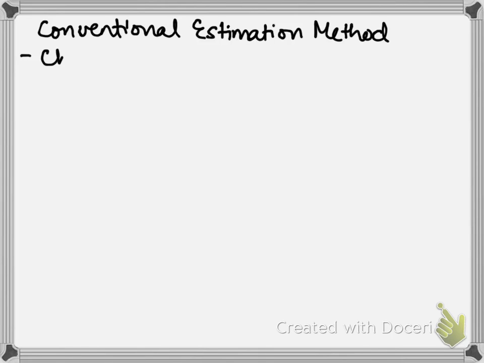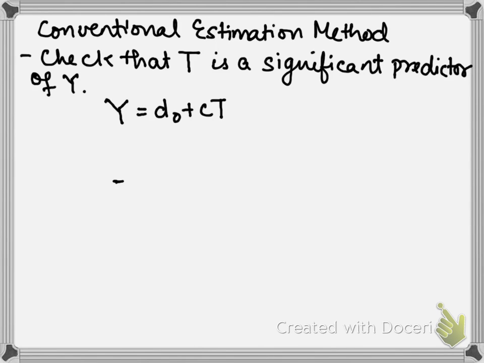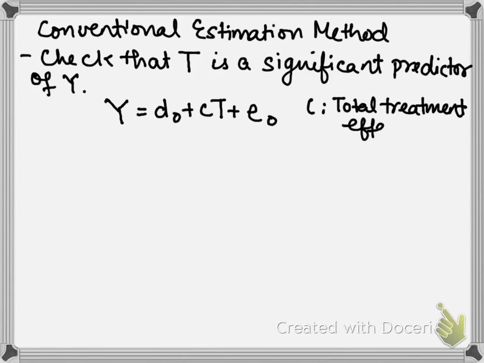What you're going to do is check that T is a significant predictor of Y. So you fit a model Y equals D0 plus CT plus an error term, T being the treatment and Y being the outcome, where C is the total treatment effect. So that's our model. Let's just box it.